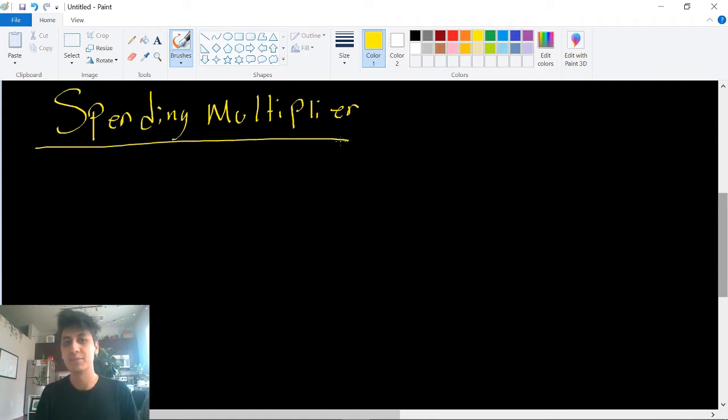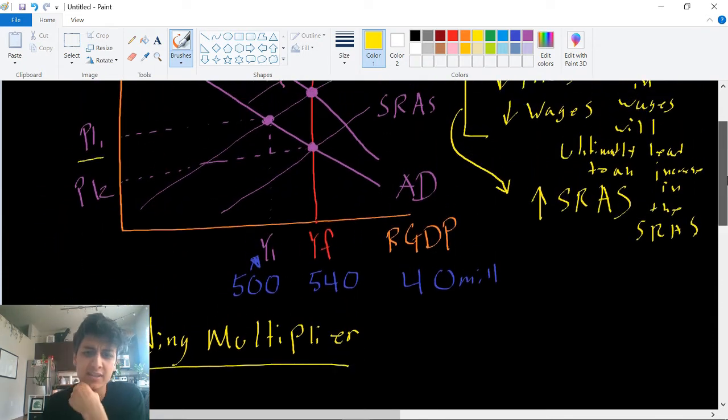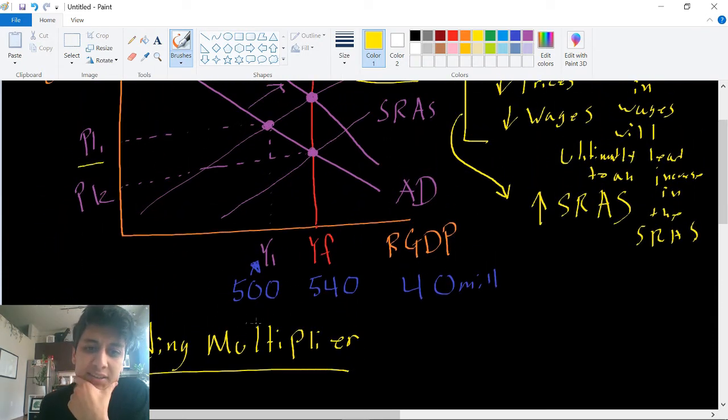And that employee gets their paycheck and they spend it in a different shop, right? And they fund the wages of someone else. So it's possible that your $10 bill can be reused in a sense throughout the economy, which means that the government doesn't necessarily have to spend $40 million. They can spend less and rely on this spending multiplier to fill in those gaps.